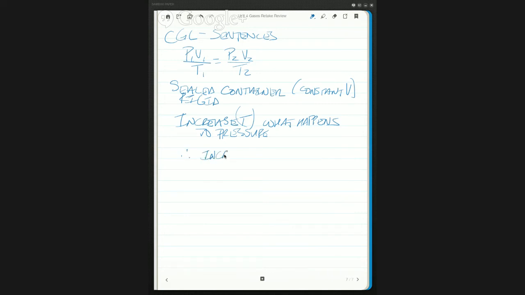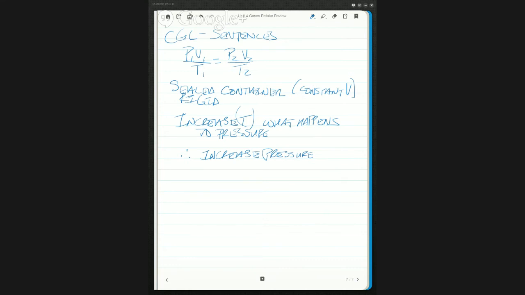So, increased pressure. You need to be familiar with the sentences and being able to write out or talk through how changes in pressure, volume, or temperature lead to changes in the other variables.